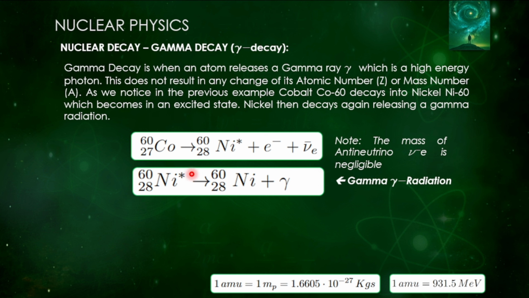Because it was excited, the electrons were at a high energy level. When they fall back to the lower state, they release a photon, but again without any change in Z or A.